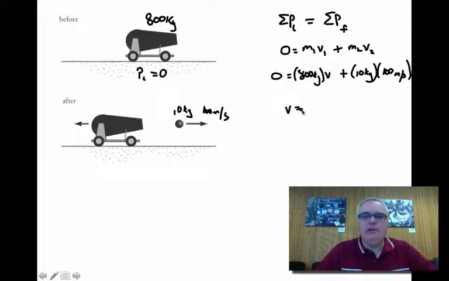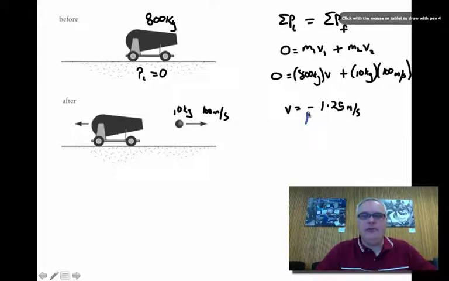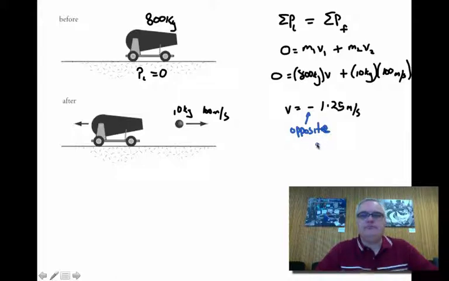And when you put this into your calculator, what you find is that the cannon itself must be moving in the opposite direction, right? Opposite because we get a negative answer from our calculator. Okay, so it's moving in the opposite direction at 1.25 meters per second.